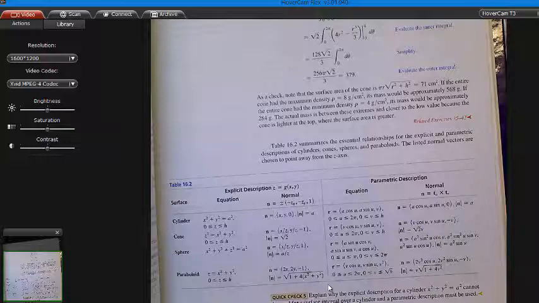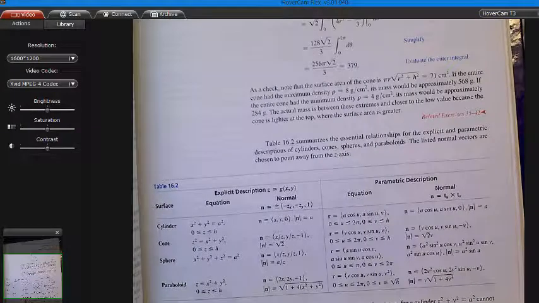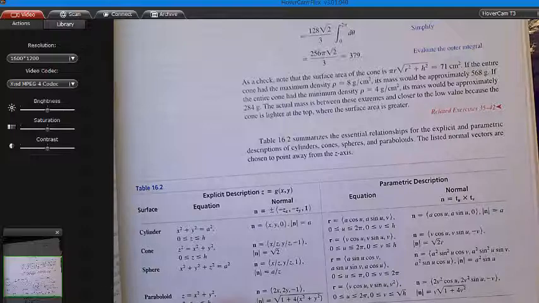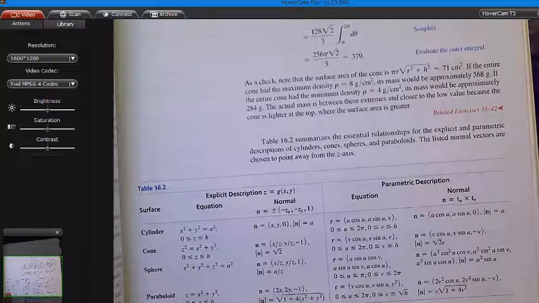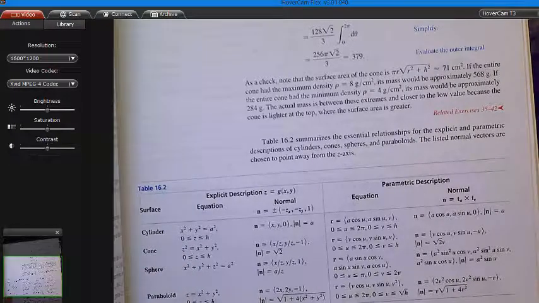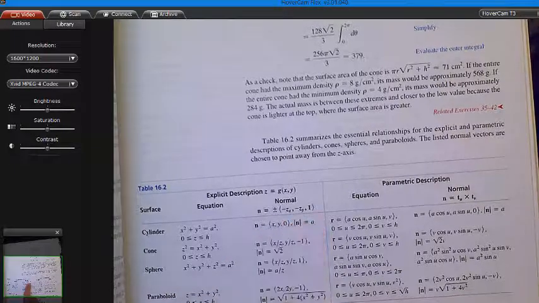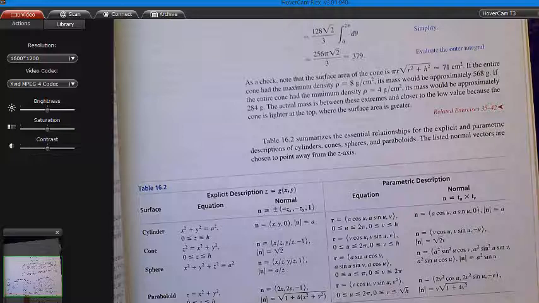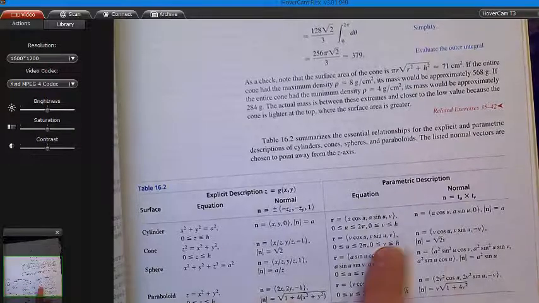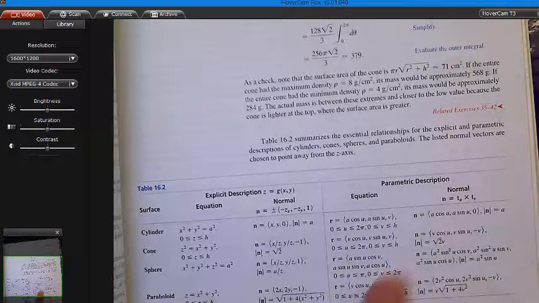What do they have? Well, some of your basic surfaces: cylinder, cone, sphere, paraboloid. They list the normal vectors n, which is kind of nice. And then they also give you a parametric description.